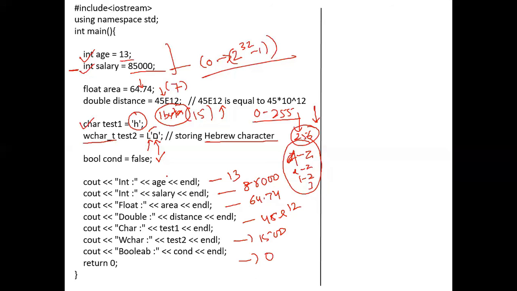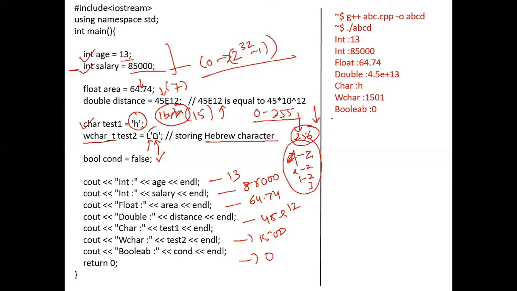So I have executed this program and this is the output. Okay, so this is 1501. So 13 is correct. This is a character. We are going to use 4.5, so we can increase. This is a 30. Otherwise it would be 4 point e plus 12. For character h, and the boolean is 0. In case of true it would be 1.